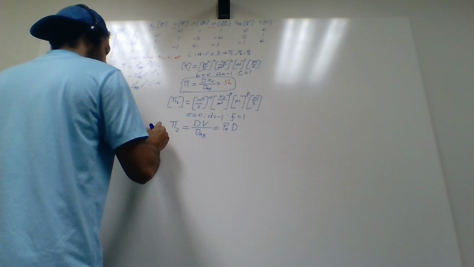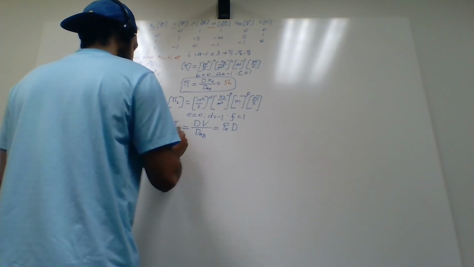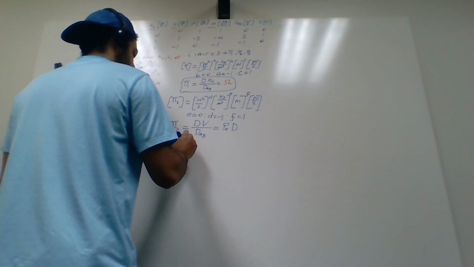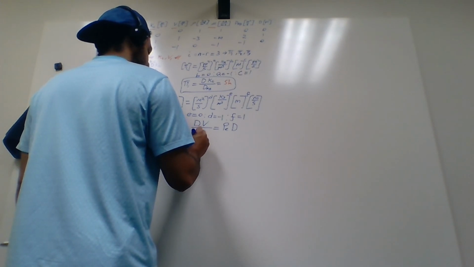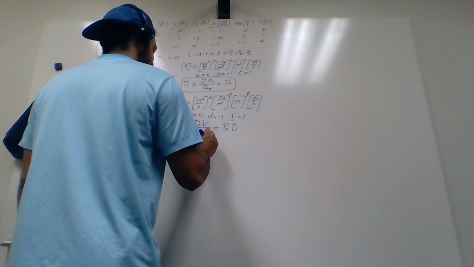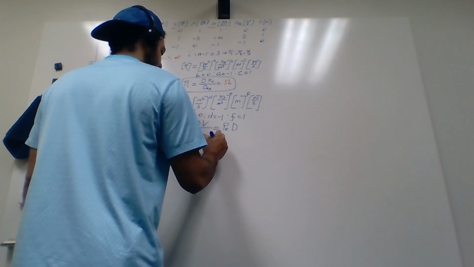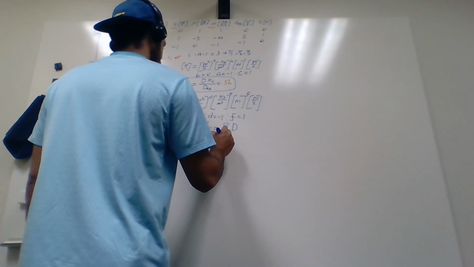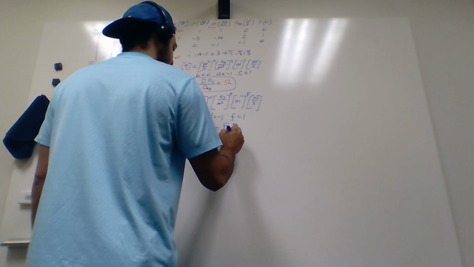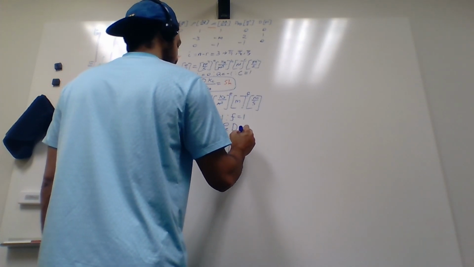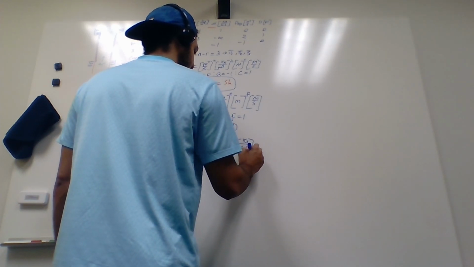So then for pi 3, for the units, we're going to have the diffusivity, meters squared per second, raised to the G, times the density, kilograms per cubic meter, raised to the H, times the diameter in meters, raised to the I, times the viscosity, which is kilograms per meter second.